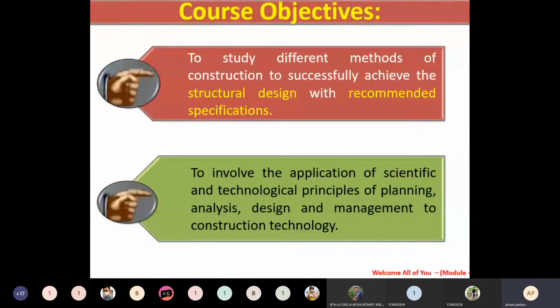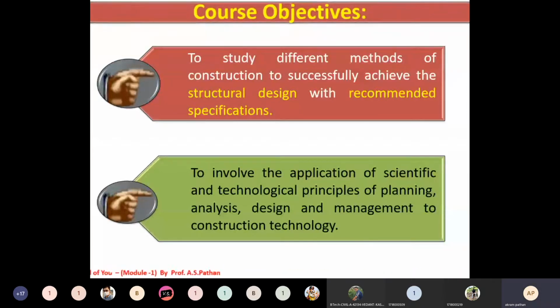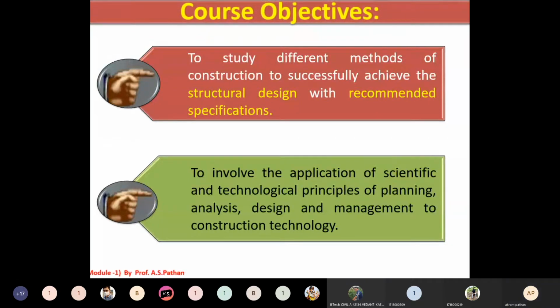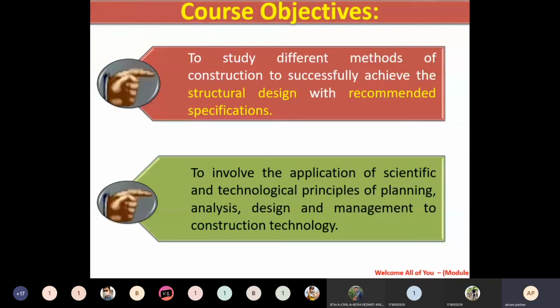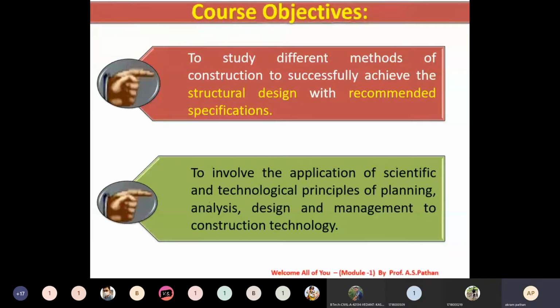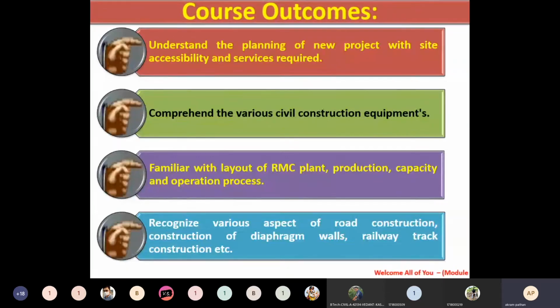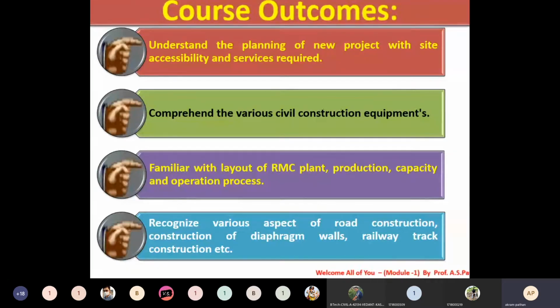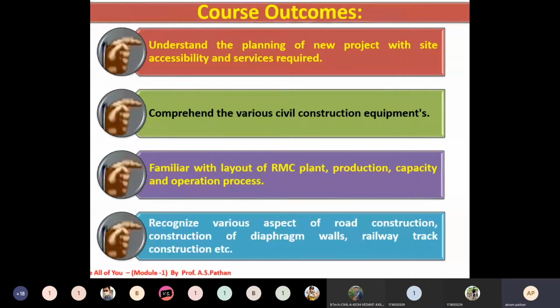Then we have the course objectives. Two main objectives: structural design with recommended specifications and advanced construction methods, and to involve the application of scientific and technological principles, analysis, design, and management to construction technology. And we have certain outcomes, meaning after completing this course, the student is able to do certain things.